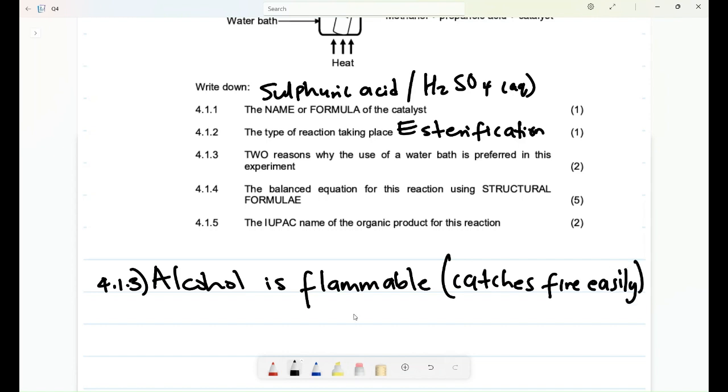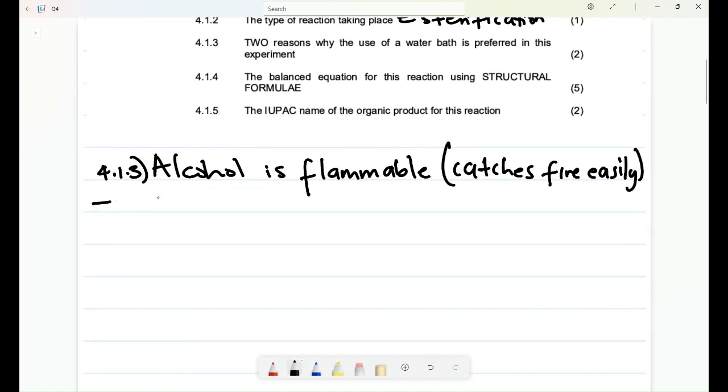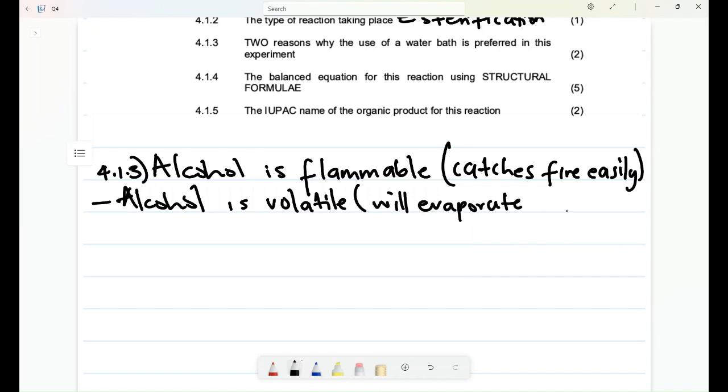Remember, I'm trying to make you understand your content here. I'm doing YouTube videos and coming with all these big words and you don't even understand them. I don't want you to cram. Instead of using flammable, you can say it catches fire easily. You can also say alcohol is volatile. What is volatile? Volatile means it evaporates quickly.